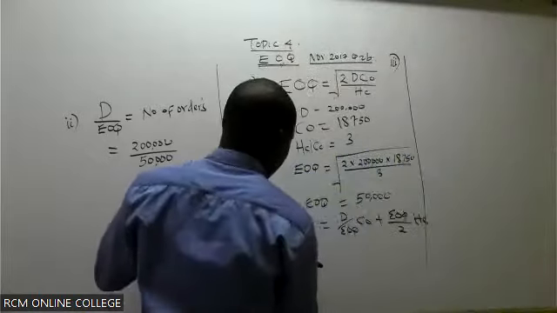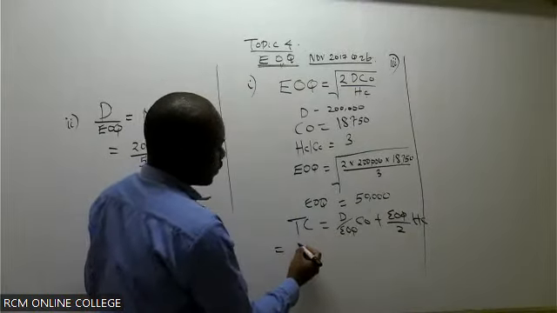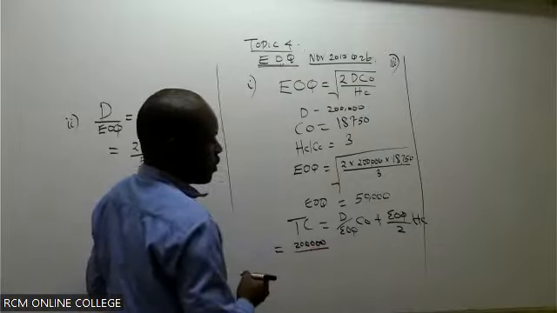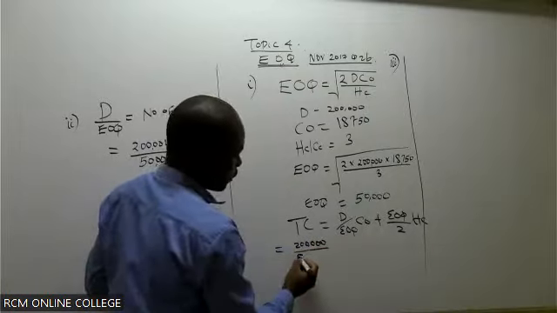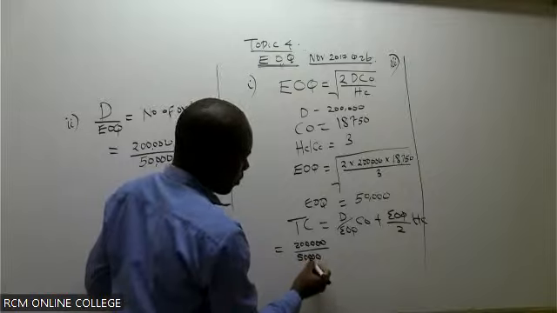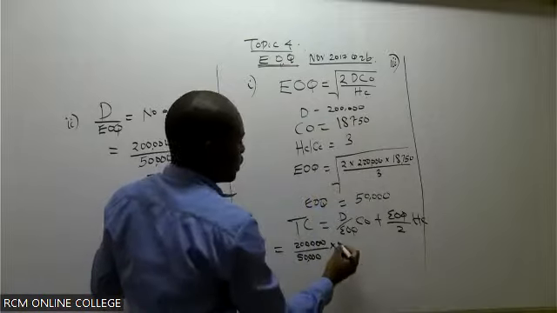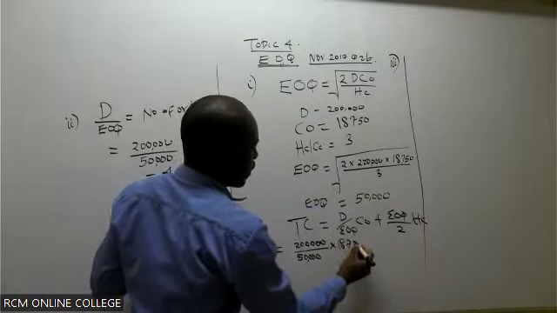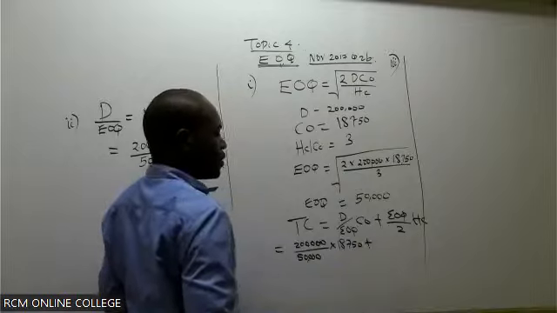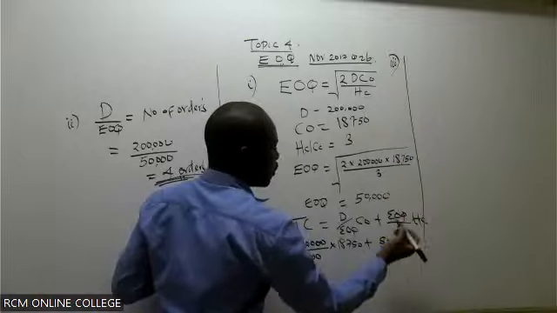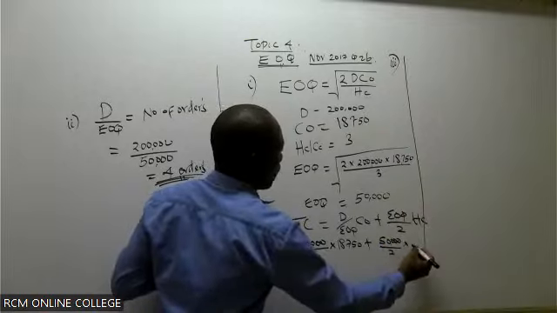So having identified that, let's now go ahead. Demand is 200,000. We divide by economic order quantity, which is 50,000. Basically number of orders. Then we multiply by ordering cost, which is 18,750. To that, we add economic order quantity, we divide by 2. Then we multiply by holding cost, which is equivalent to 3.